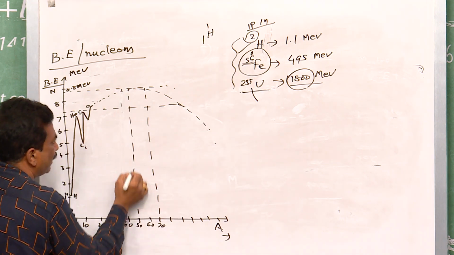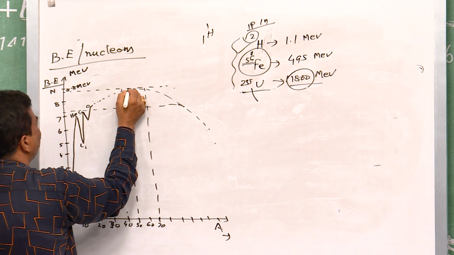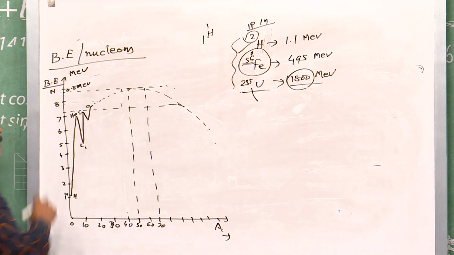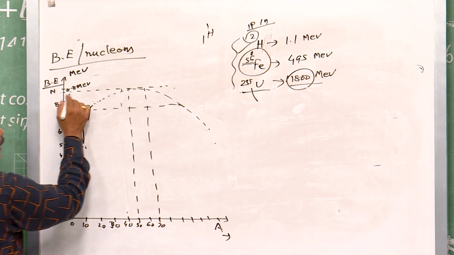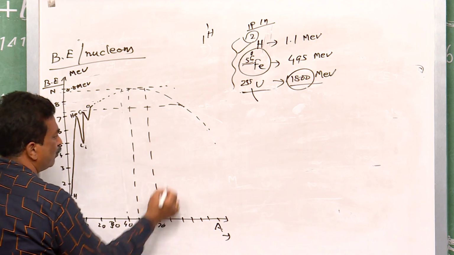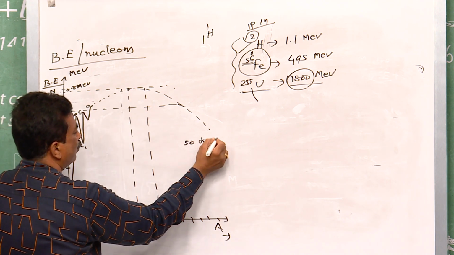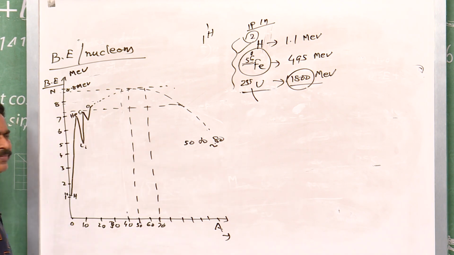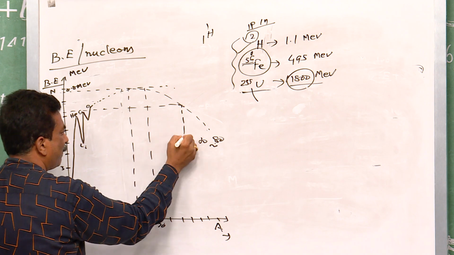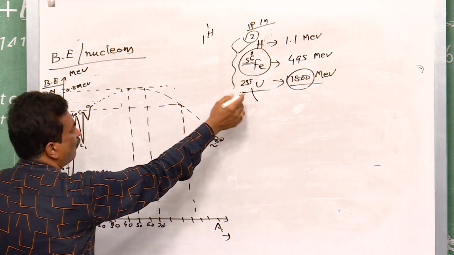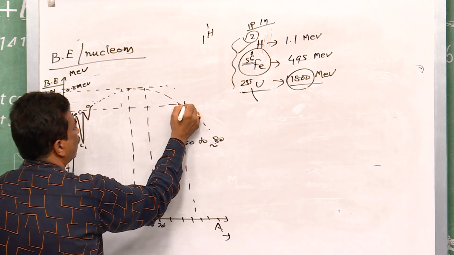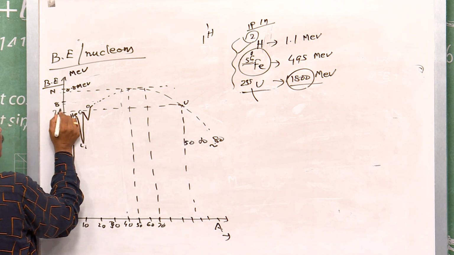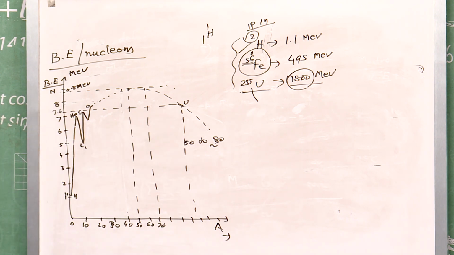For iron, that 56, will have the maximum, that is 8.8. From 50 to nearly 80, that is the maximum. But if we take uranium, for uranium that will be 7.6 MeV.